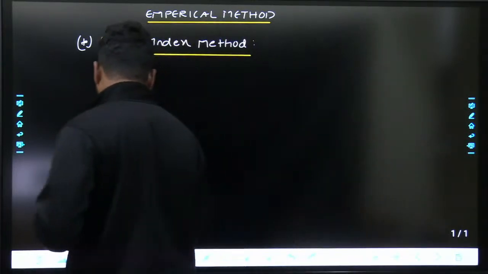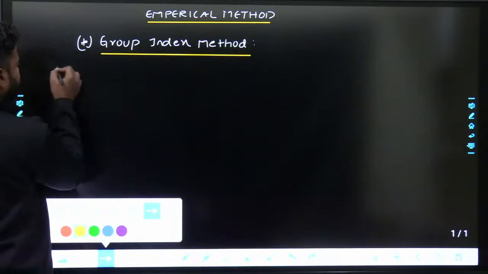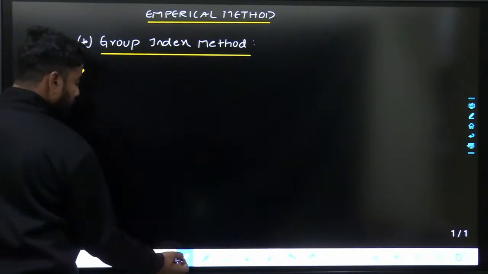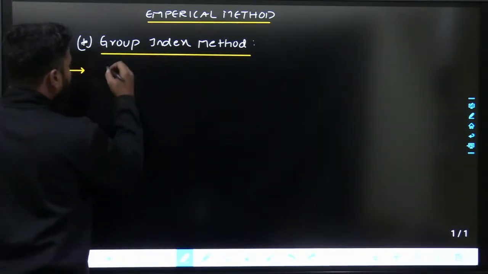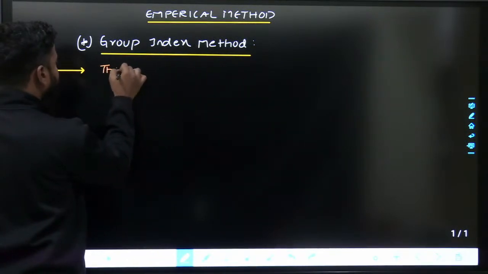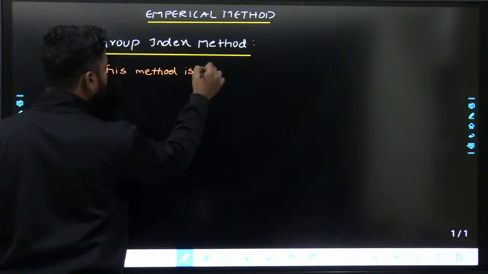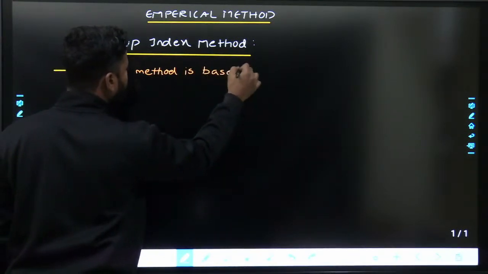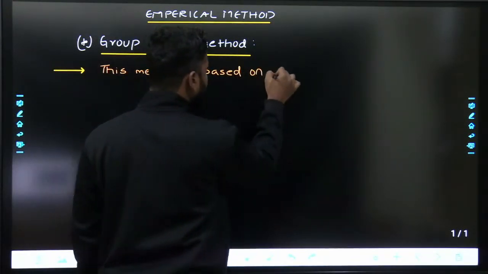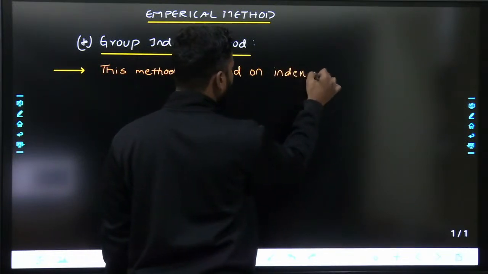So what you can write over here is, this method is based on index property of the soil.